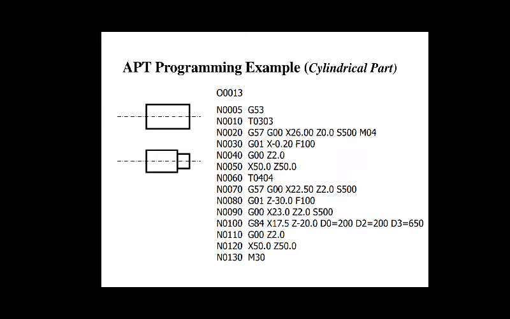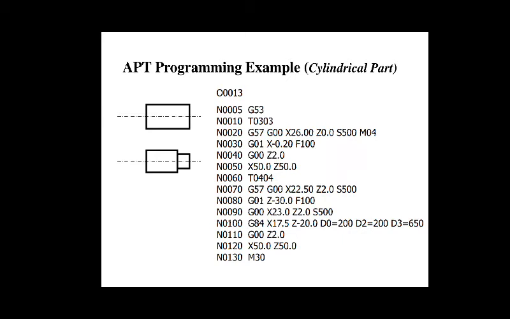First we performed the facing operation. Now we are going to change the tool. Previously we used tool 303. Now we are going to use tool 404. The meaning of this block is select tool number 404.